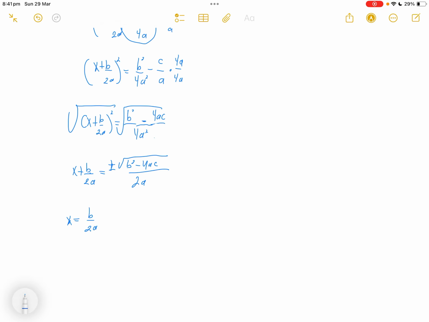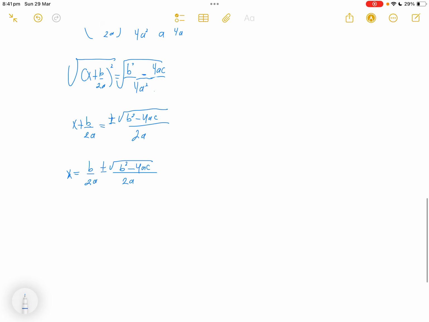Move this guy over there. And now since they have the same denominator, we can merge these two together. And ta-da! We have finally constructed the quadratic formula.